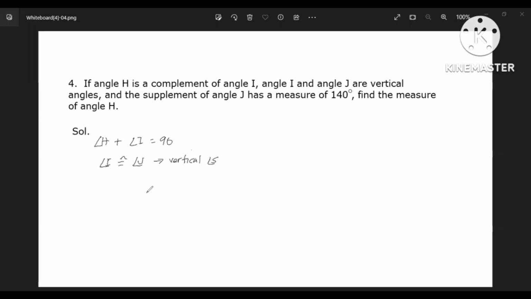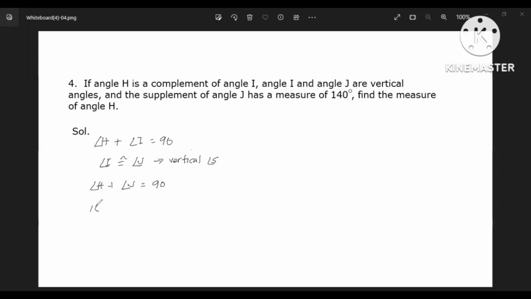Okay? Now, since angle I is congruent to angle J, we can rewrite equation 1 as angle H plus angle J is also equal to 90. So we just substitute angle J for angle I, since they are congruent.